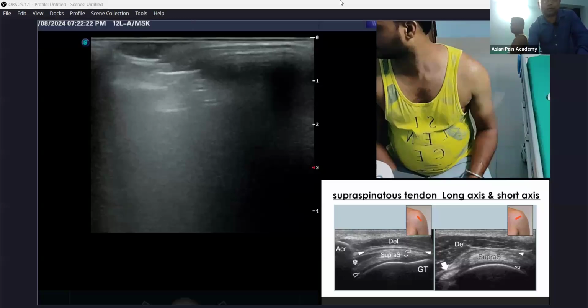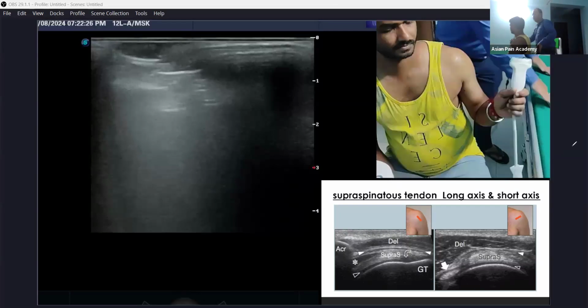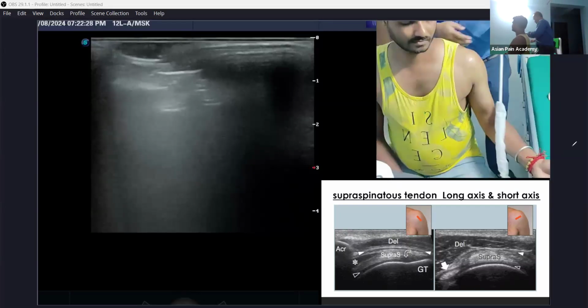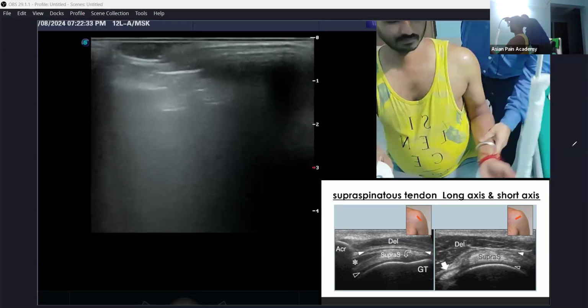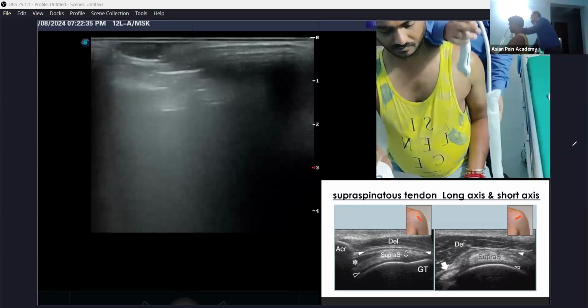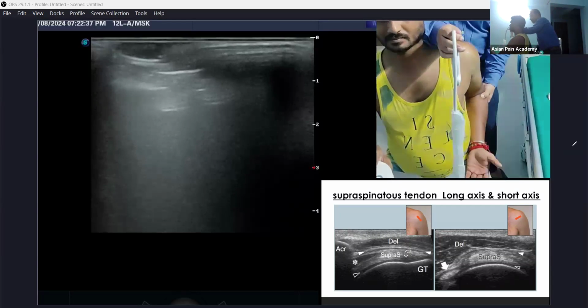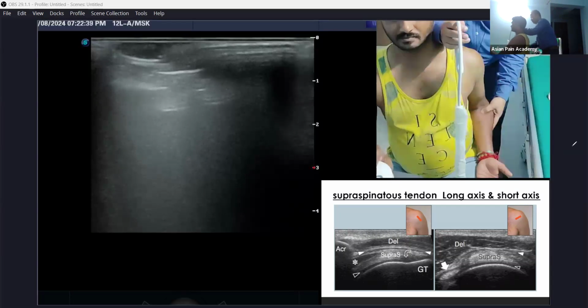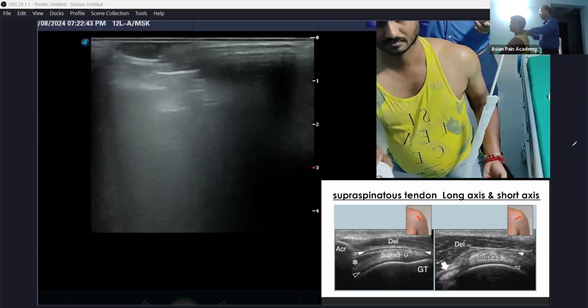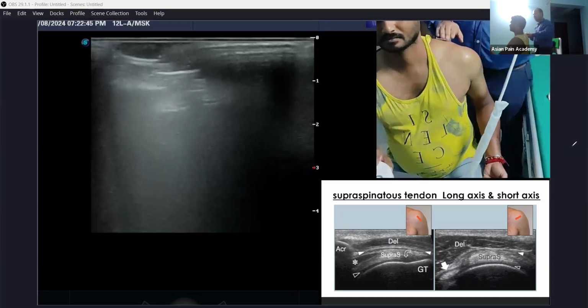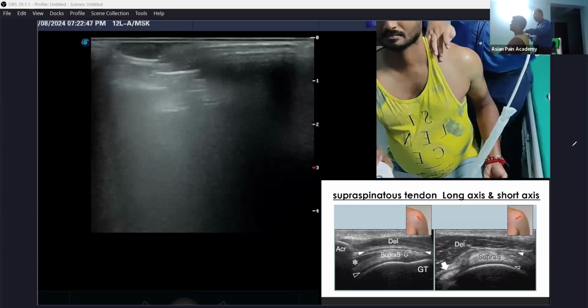Okay, so next is the supraspinatus tendon. We will see it in a short axis and long axis view. Remember, for the supraspinatus, we don't require this position, and nowadays this type of position is enough. We have already understood that we can palpate the clavicle.